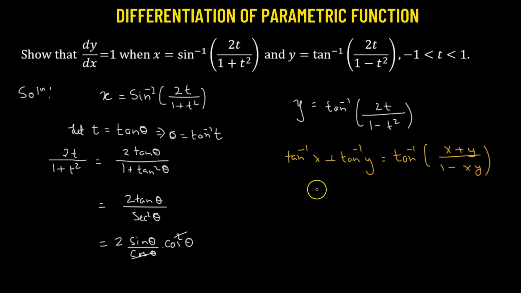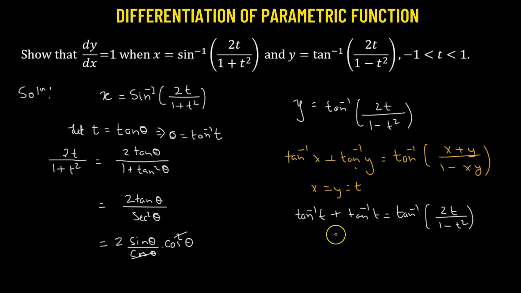So if we replace the value of x and y with t, then tangent inverse of t added to tangent inverse of t will be equal to tangent inverse of, in the numerator t plus t, so that's 2t, divided by 1 minus x times y, which becomes t squared. So we can say that 2 times tangent inverse of t is equivalent to tangent inverse of 2t divided by 1 minus t squared.